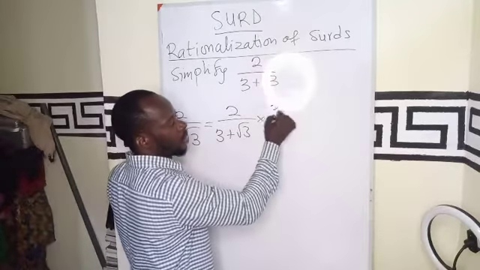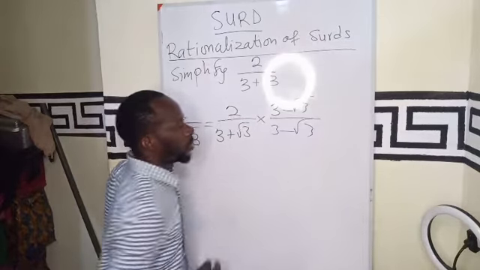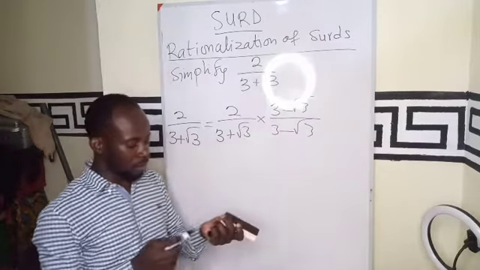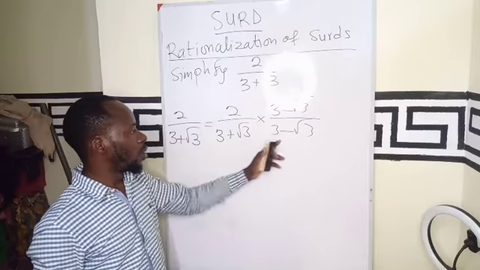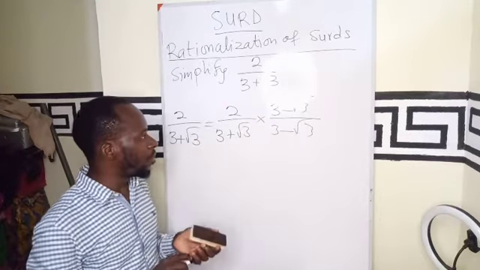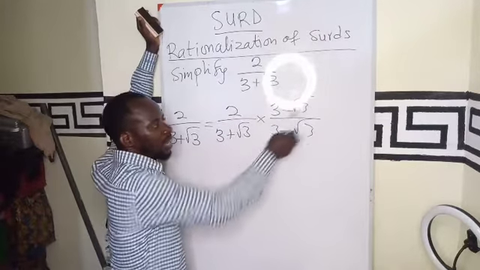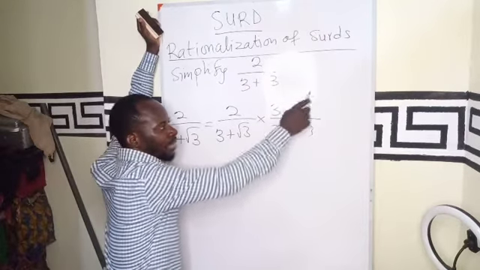This is going to be 2 times 3 minus root 3 over 3 minus root 3. These are the same because if you cancel, you get 1. This is the conjugate pair of the denominator. We explained that in our previous video. So now we are going to multiply the numerators together. Don't forget, this is no more a singular term.